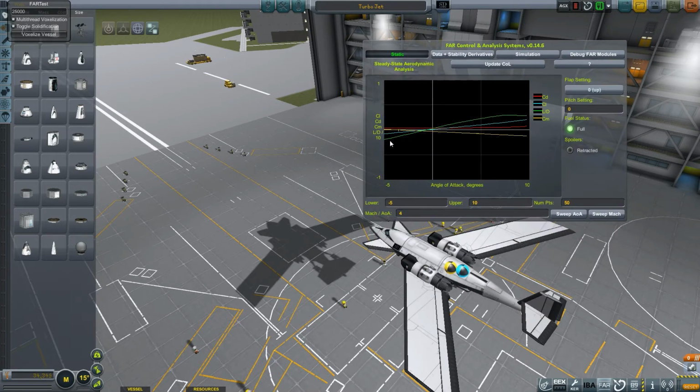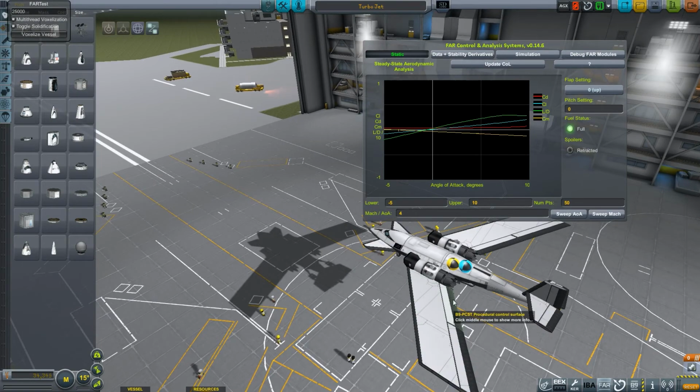And as you recall, our neutral pitching moment is down at -3 or -4 degrees. So what we can do is add some flaps and try to move our neutral pitching moment up to about 6 degrees.